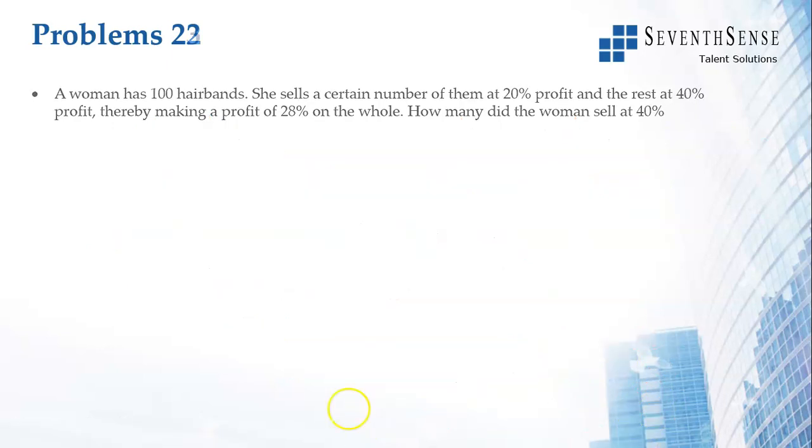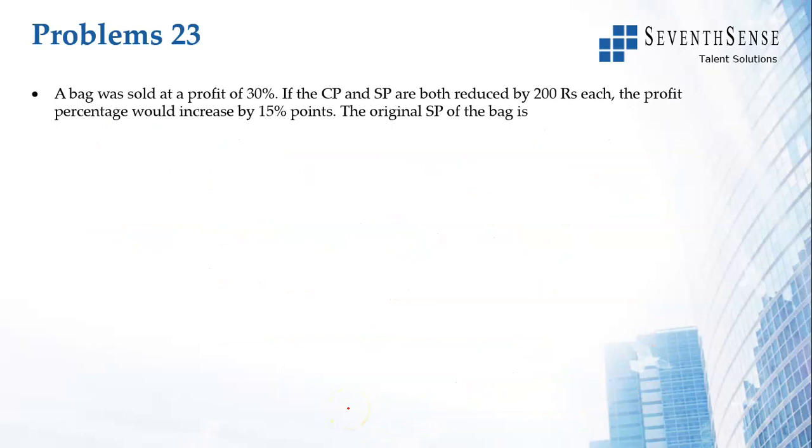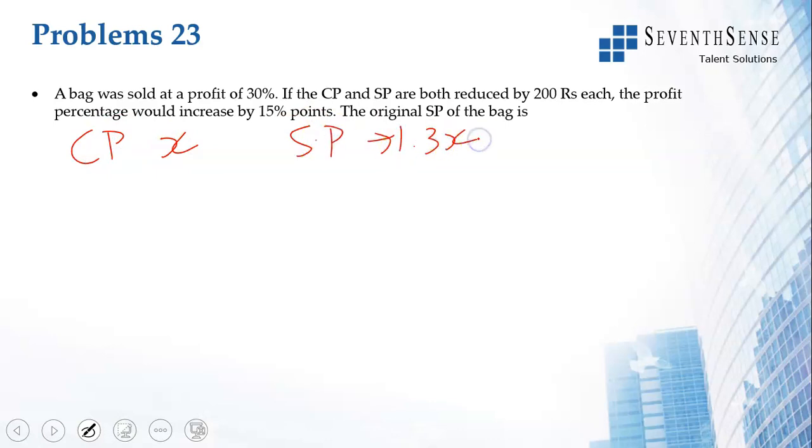Let's move on to the next question. A bag was sold at 30% profit. If the CP and SP are both reduced by 200, okay, so let us take the CP as x. The SP, because it's 30% profit, becomes 1.3x. Now if they are both reduced by 200, CP becomes x minus 200, SP becomes 1.3x minus 200.